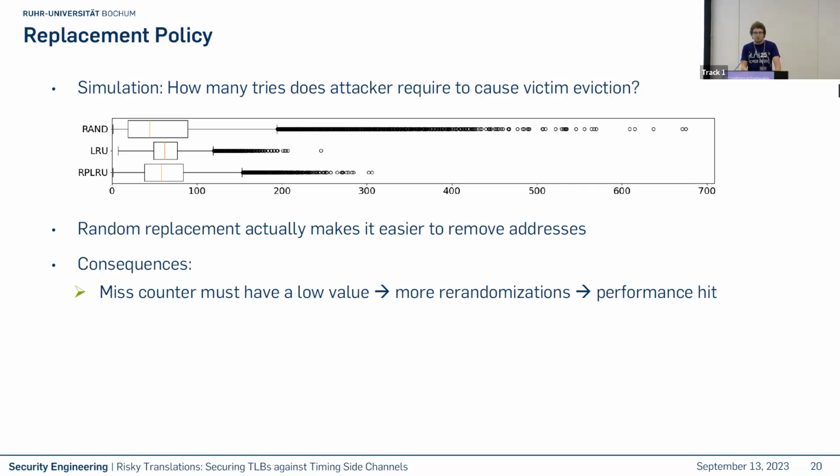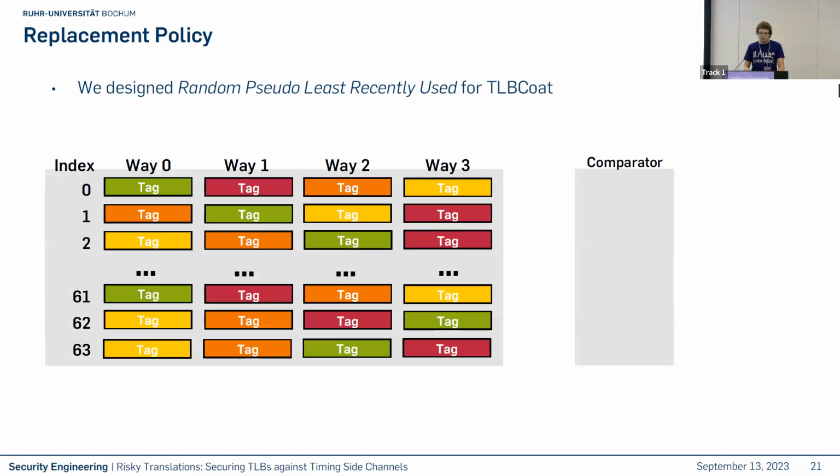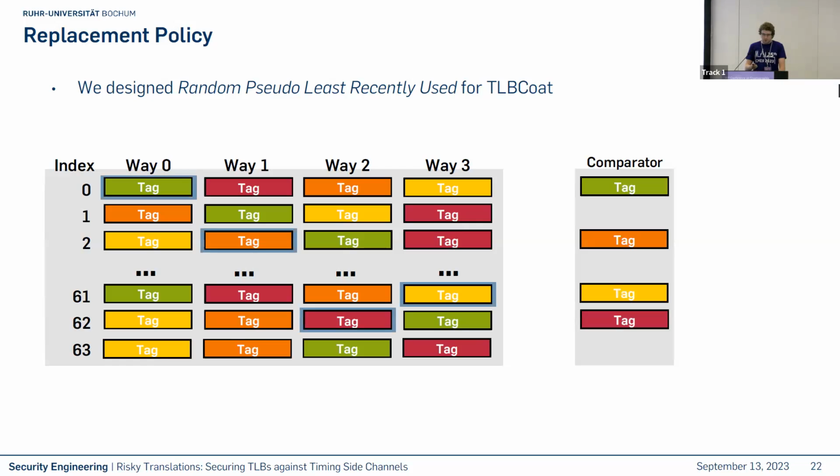So we came up with an approximation, which we coined RP-LRU, which stands for random pseudo LRU. And you can also see it in this picture here. It's below LRU. It's not as good, but much better than random replacement. So how does this work? So let's say we want to throw out an entry from the cache. So first of all, we need, of course, to use our randomization function to get the possible entries.